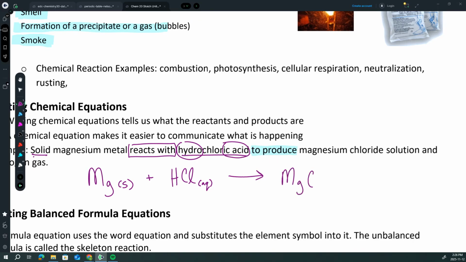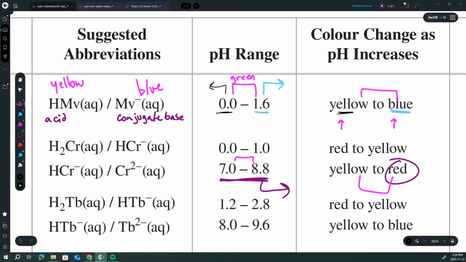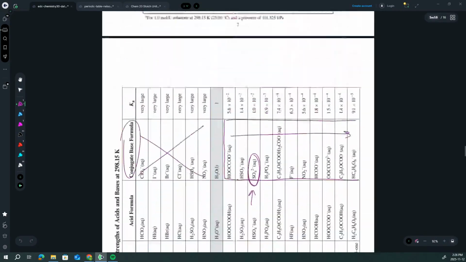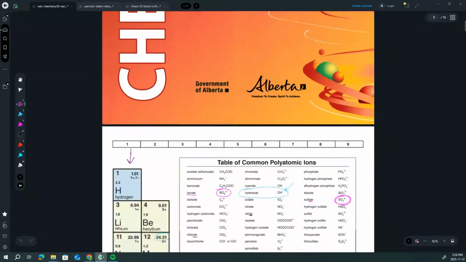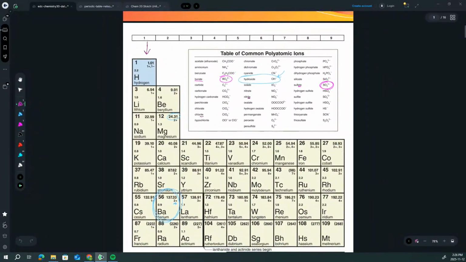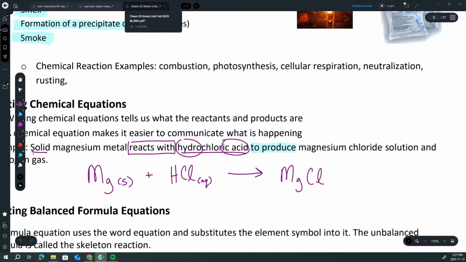So magnesium chloride. Now before I move on, if we look at our periodic table, magnesium is part of group 2, so it's going to have a 2+ charge. I'm just writing this up here temporarily.